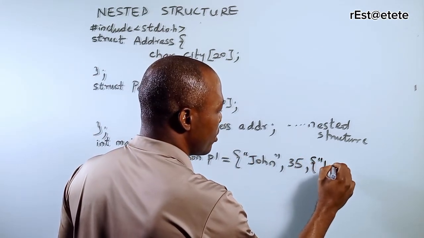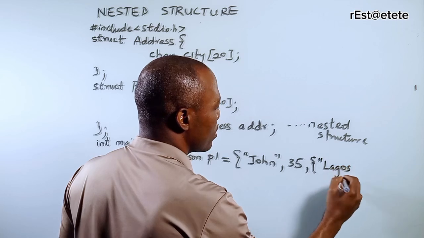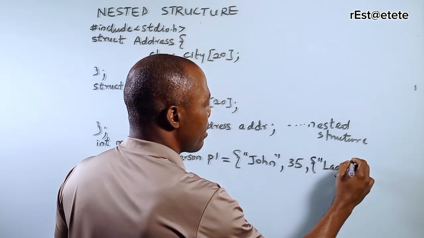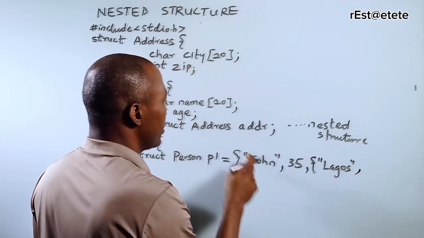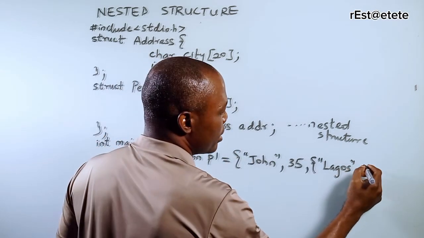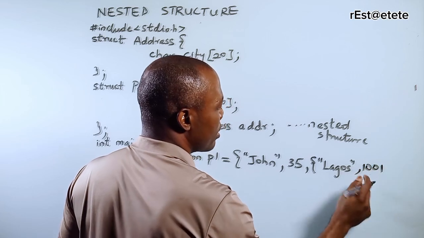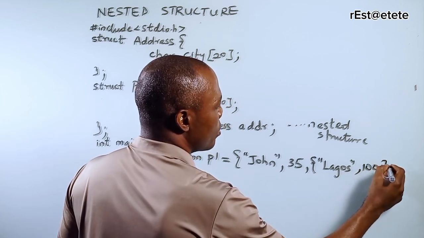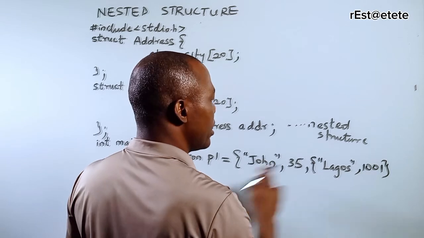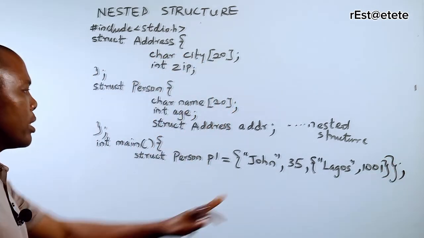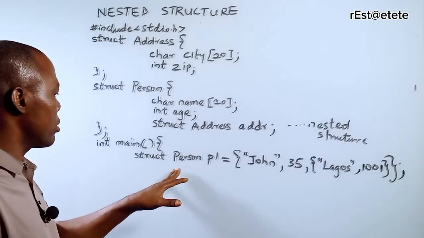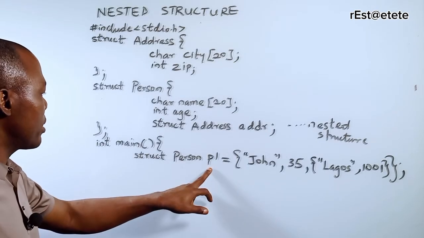Then the city, let's call it Lagos, comma. And then the zip. So let's say 1001. So we close this, and then for this bigger one. So these are your assigned values to this struct person. Struct person P1.